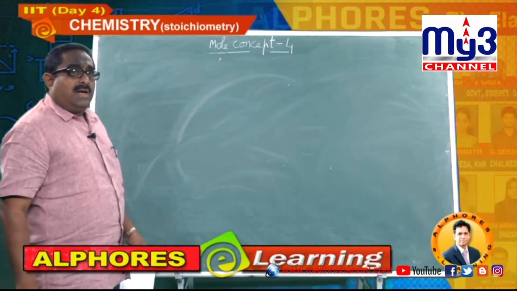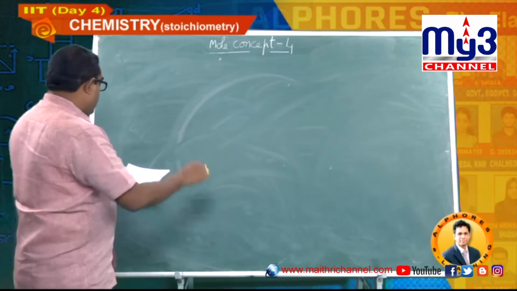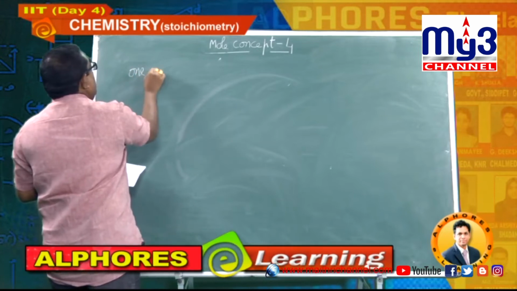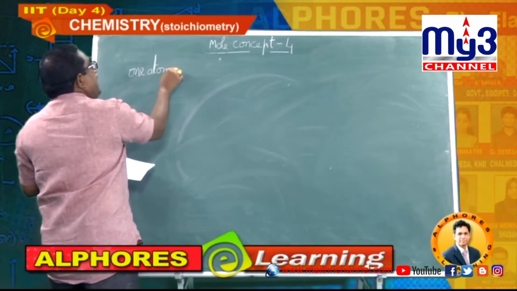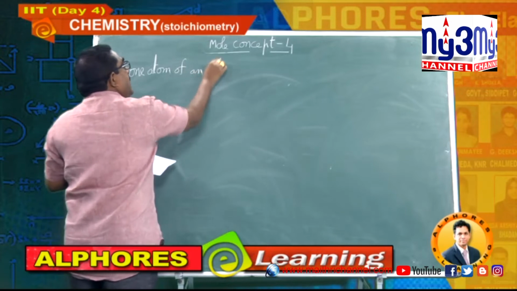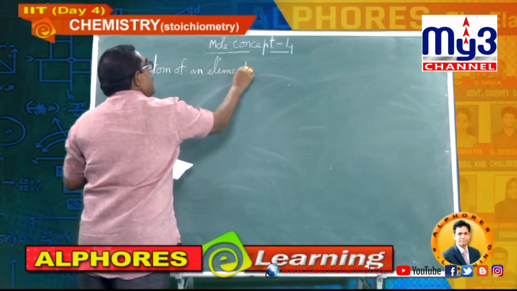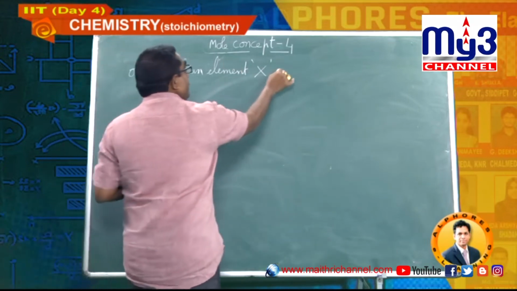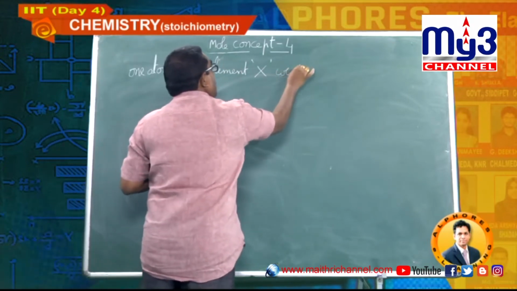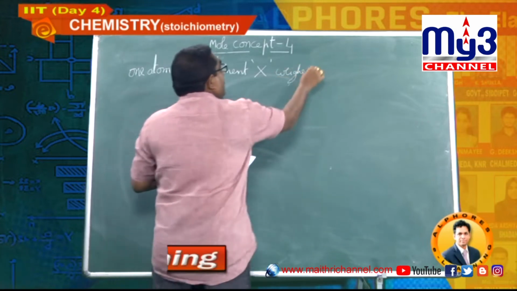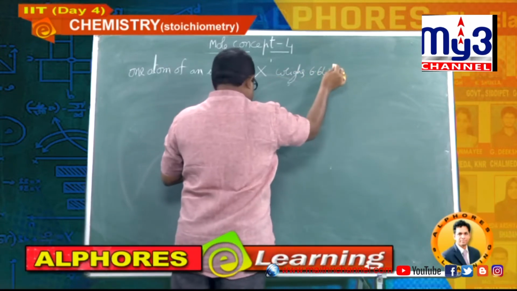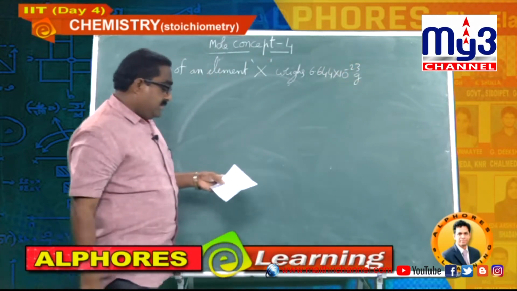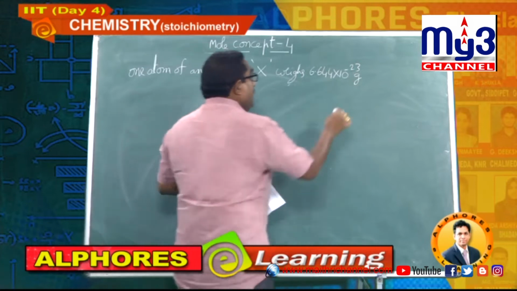Now we will go for the next question. I am writing here, please write down, students, along with me. One atom of an element X weighs 6.644 into 10 power minus 23 grams.